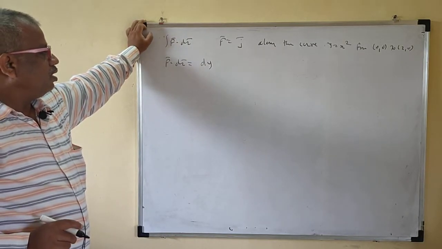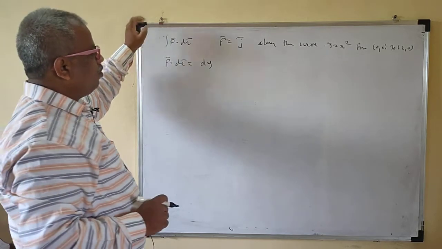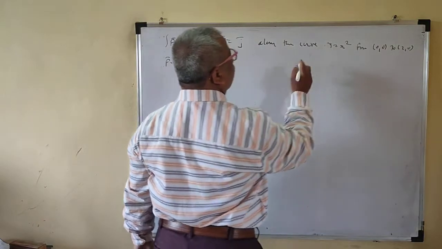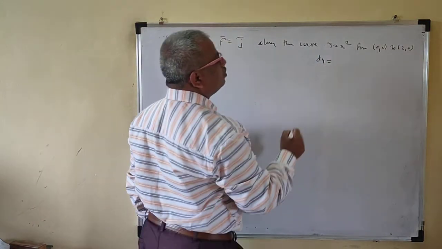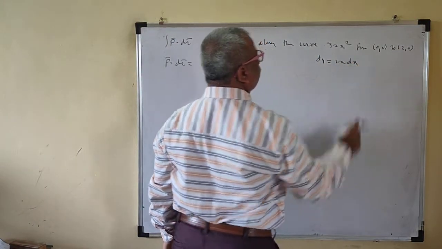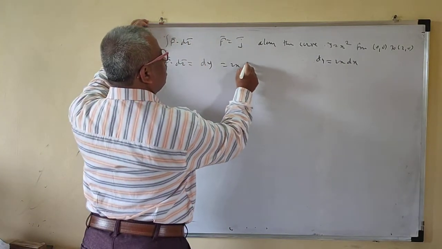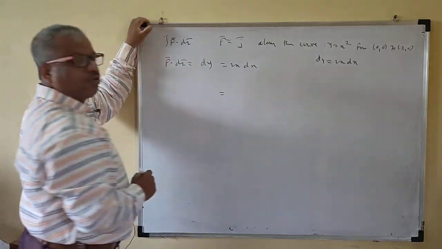Okay, so no problem for this one also. But along the curve given, we have to use this curve. So dy is equal to twice x dx. Now you have to integrate this.